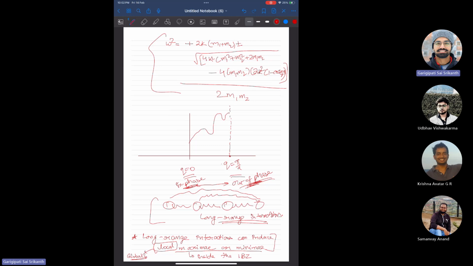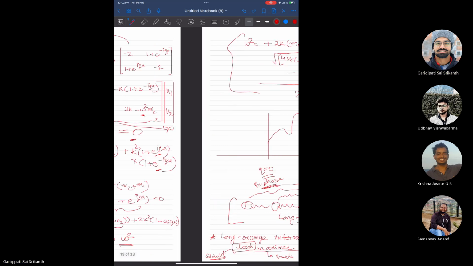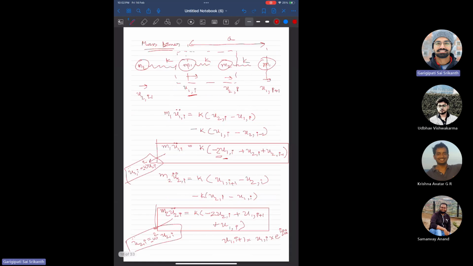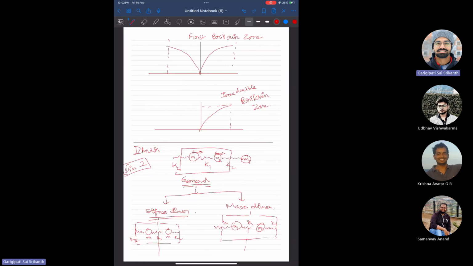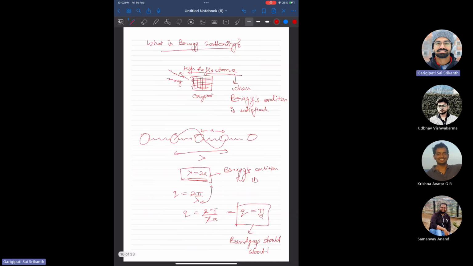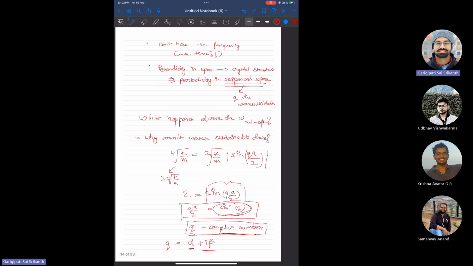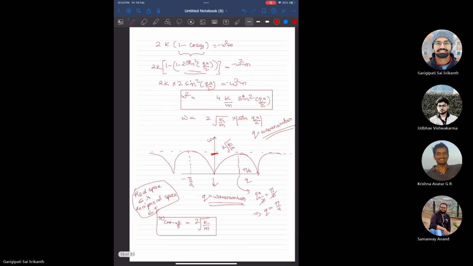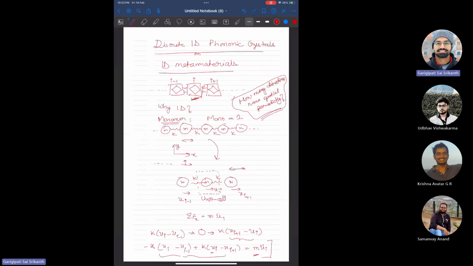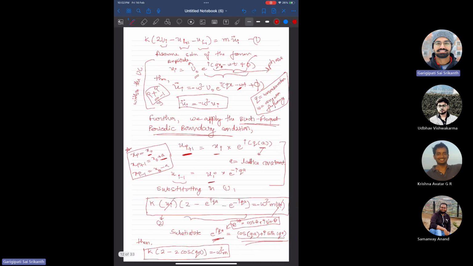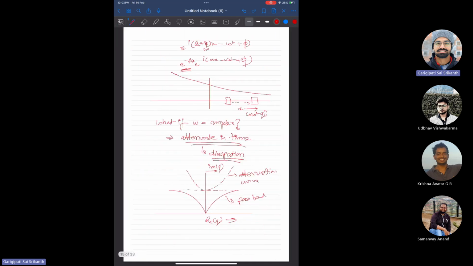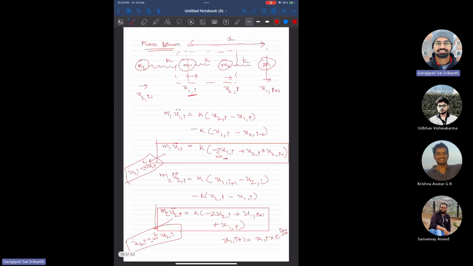We even covered long range interactions. I think Krishna presented his paper. Then we started from dimers. Before that, we covered Bragg scattering monomers. So if people have any discussion they would like to have on the discrete systems so far, then I'm open to it.